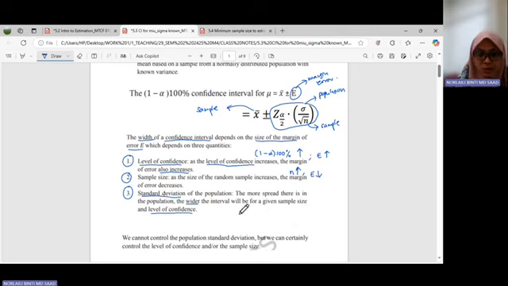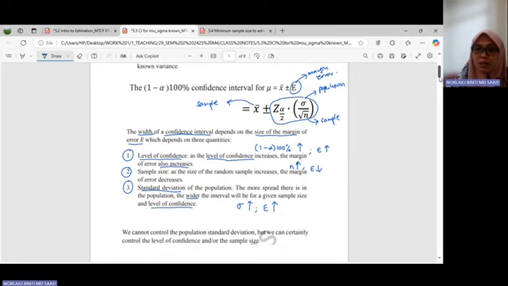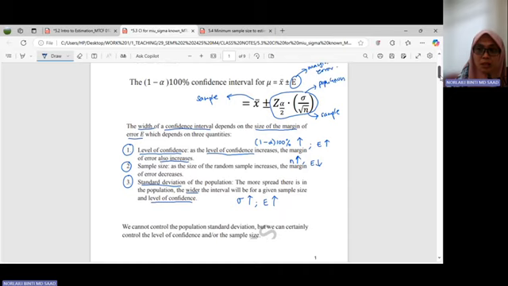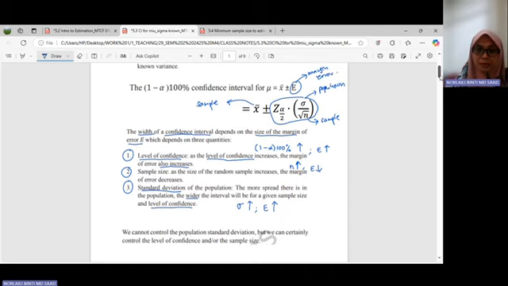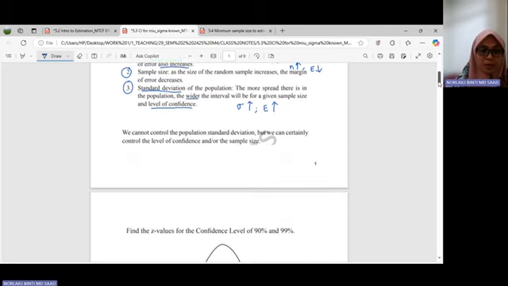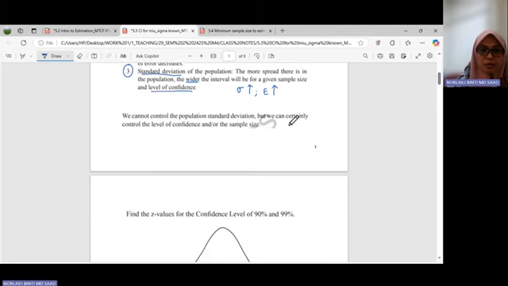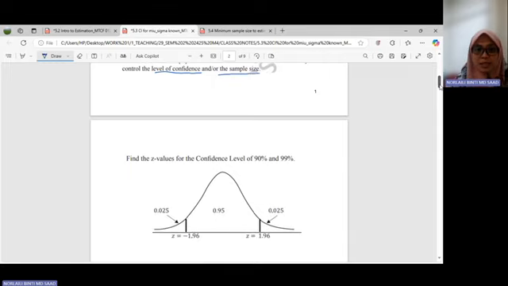As your sigma for the population increases, your margin of error also will increase. Hopefully you can understand these three conditions, which can affect our margin of error, and will also affect the width of our confidence interval, whether it will be narrower or wider. We cannot control the population standard deviation, but we can certainly control the level of confidence, and also the value of the sample size N.